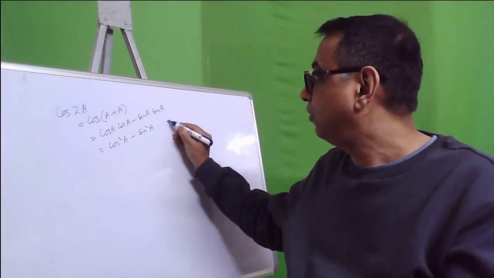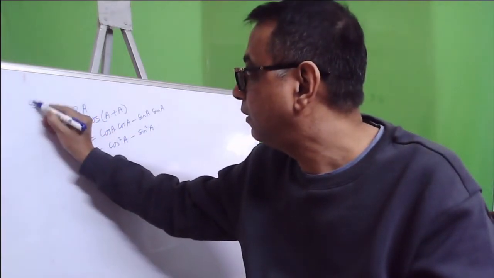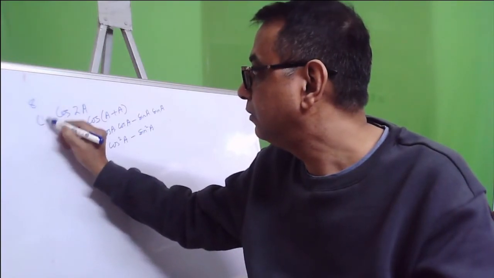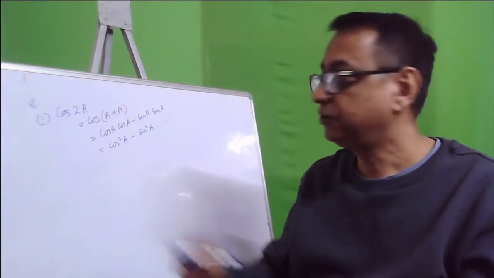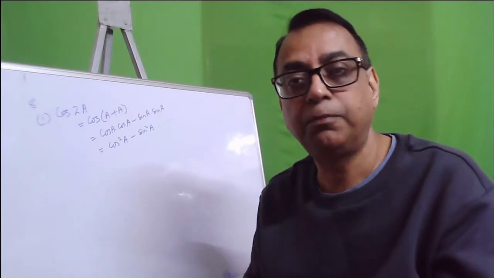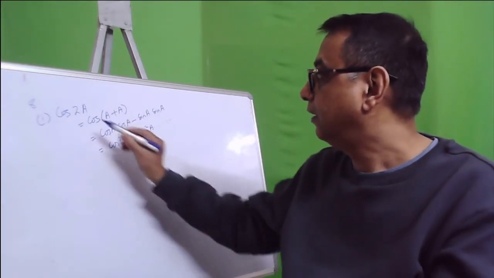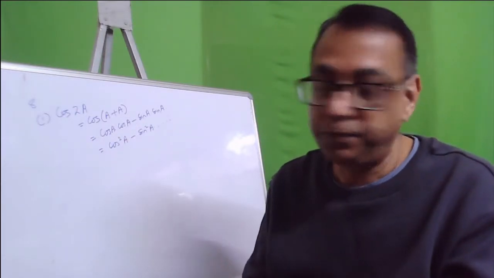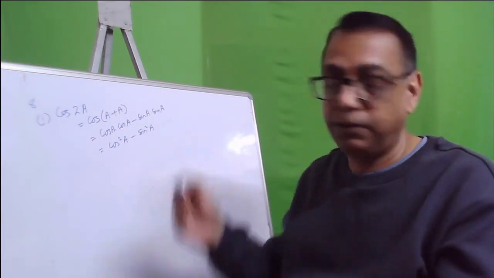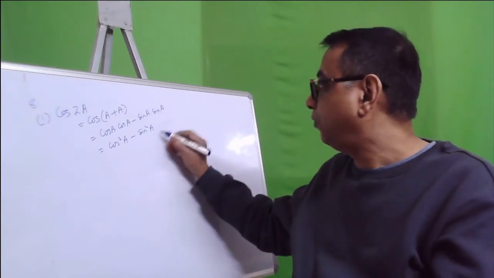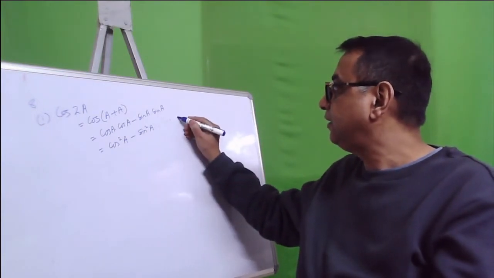So cos of 2A is cos square A minus sin square A. This is identity number 8, part 1: cos 2A equals cos square A minus sin square A. Now this can be represented in many ways. This is one way, let's say it is 1.1.